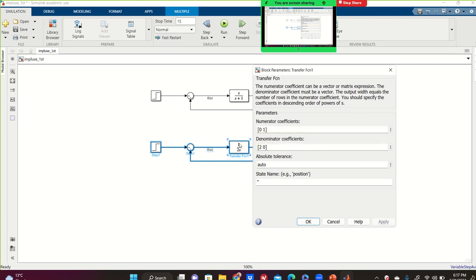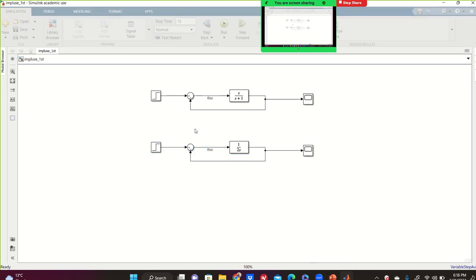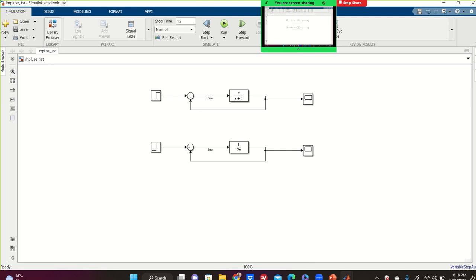Look here, 1 over 2s, the open loop transfer function. So you see there's a huge difference, guys. If I wanted to plot the impulse input, I change the transfer function to the open loop transfer function. But for the step, I don't need to change it. I'm just putting G, 1 over 2s. See what I'm saying? Clear, everyone?